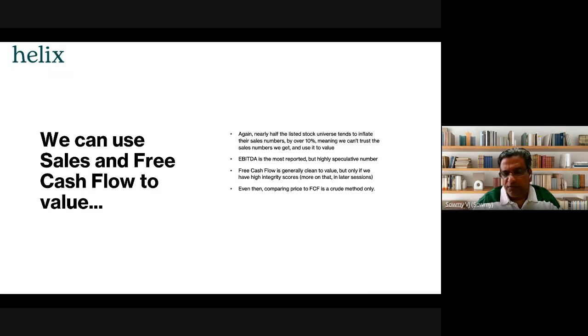Some of the common alternative mechanisms the financial media analysts use: one of the most highly reported metrics is called EBITDA. It is the most reported, but also a highly speculative number.